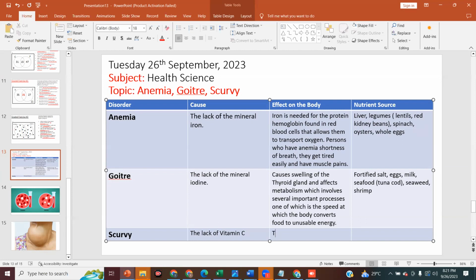This causes sores and swelling of the gums.